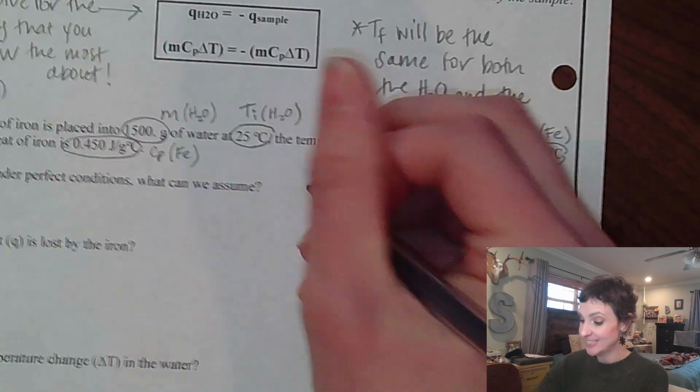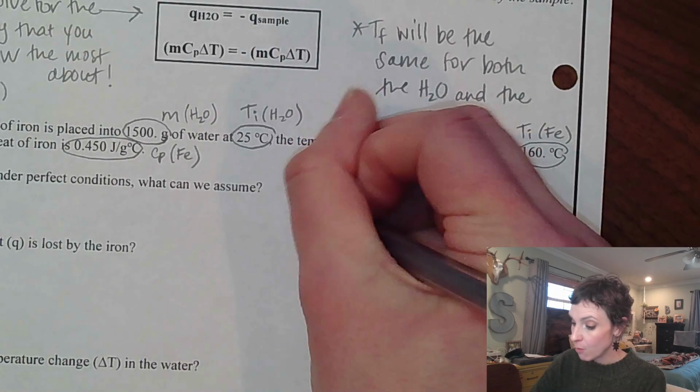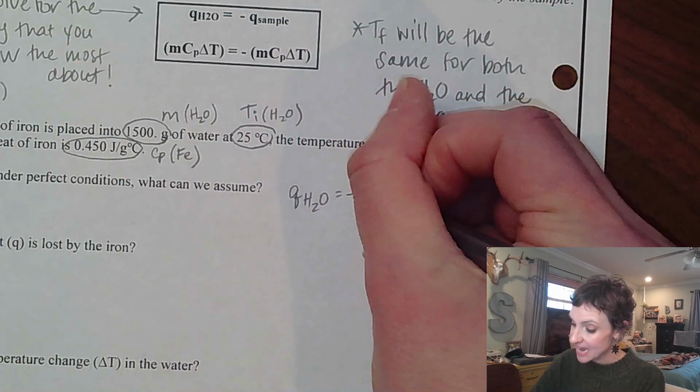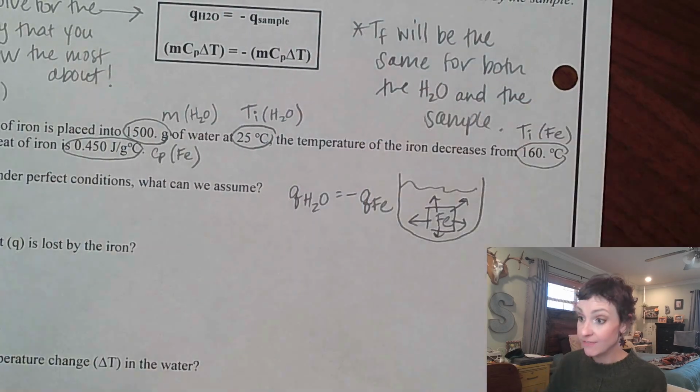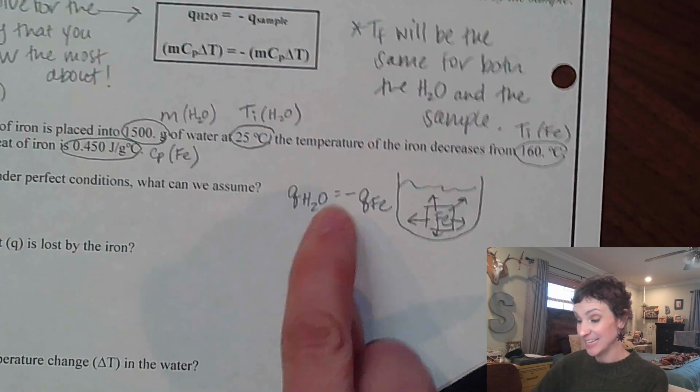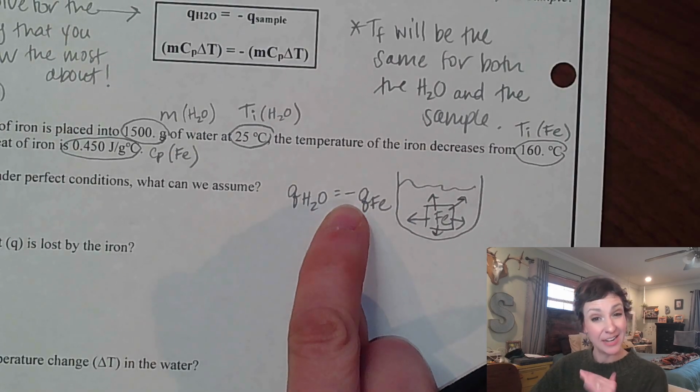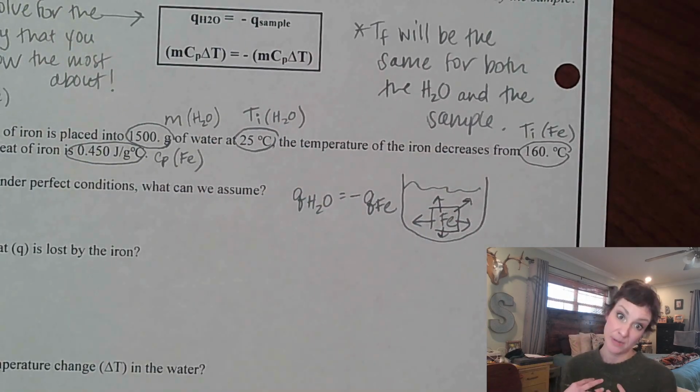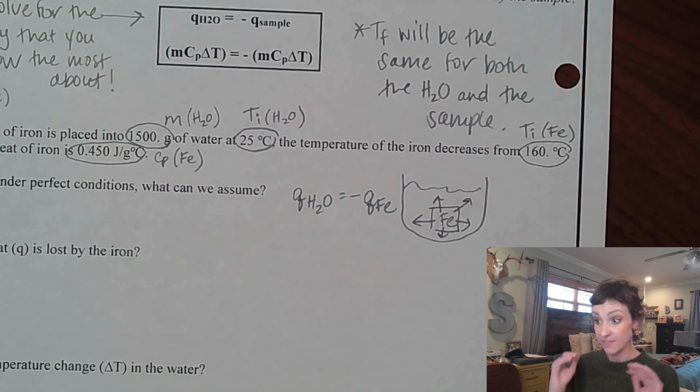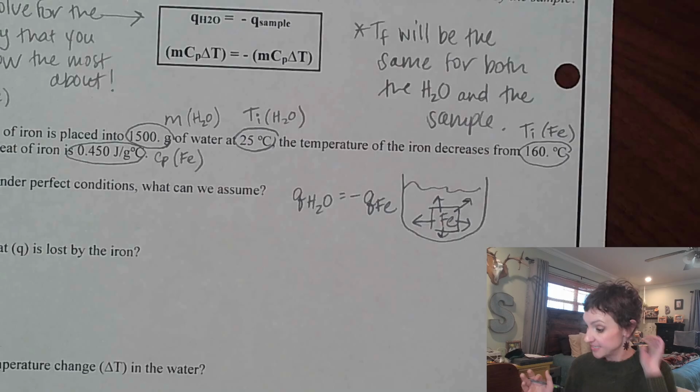So I can make this statement: the Q of the water will be equal to the negative Q of the iron. That means the iron is releasing heat energy, a negative, and the water is absorbing that heat energy, so it will be positive. The numbers will be the same, just the opposite signs.